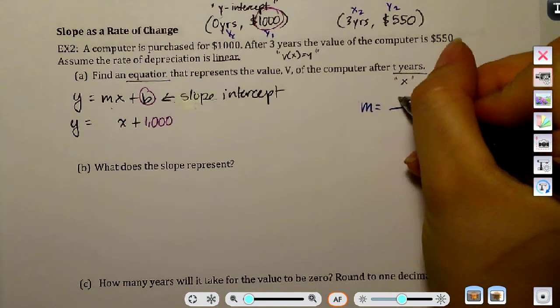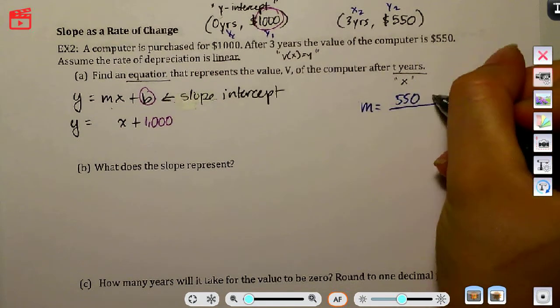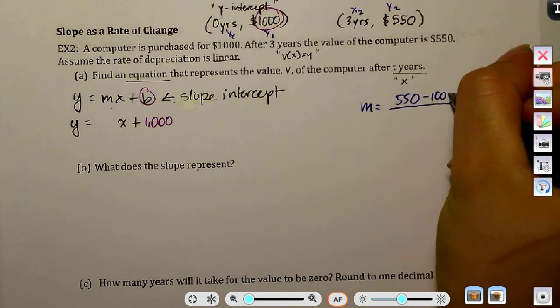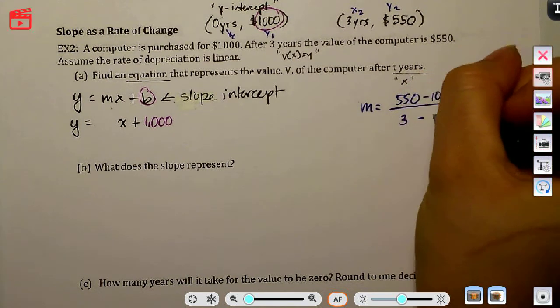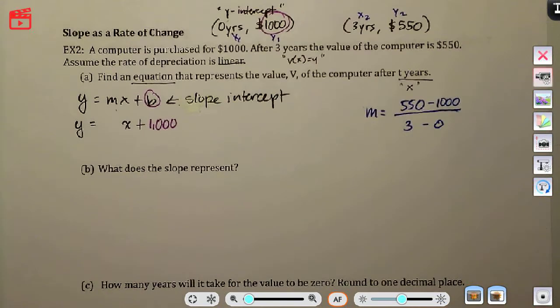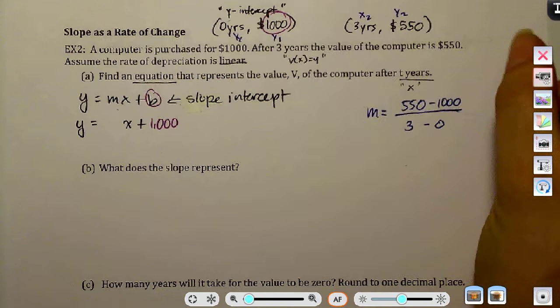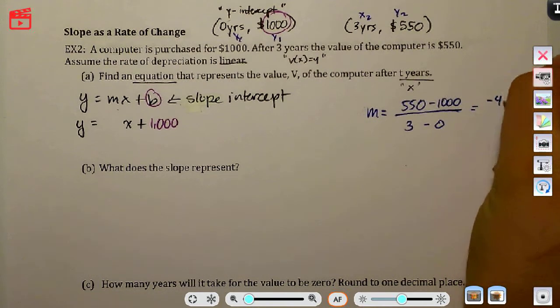And let's subtract them. Oh, I could have done it the other way. Might have been easier. Okay. And plugging that into my calculator. Let's see. 550 minus 1000. I could have done that in my head, but I didn't.